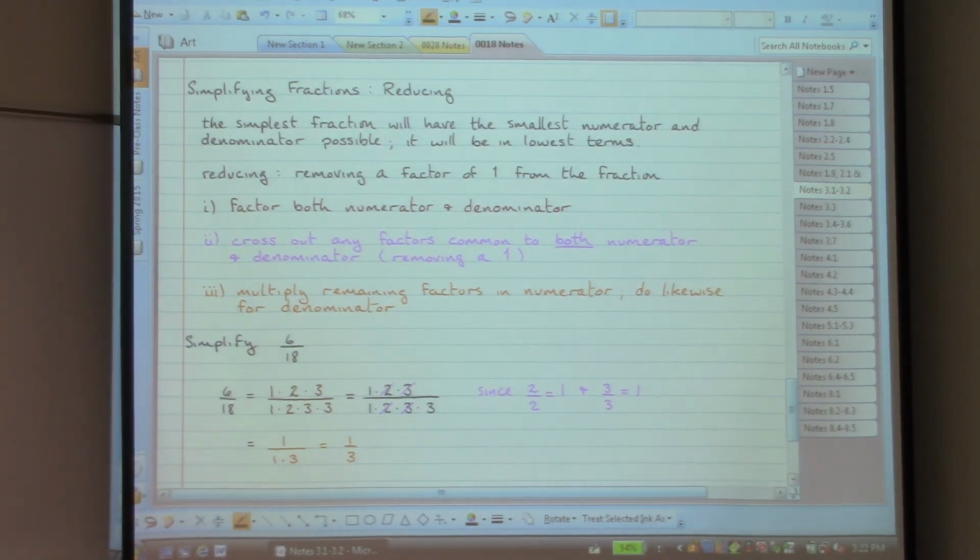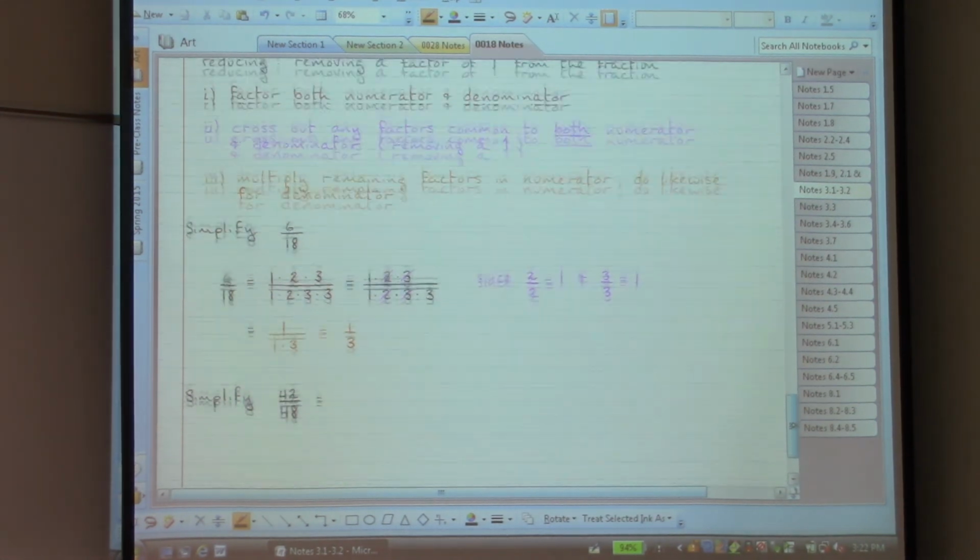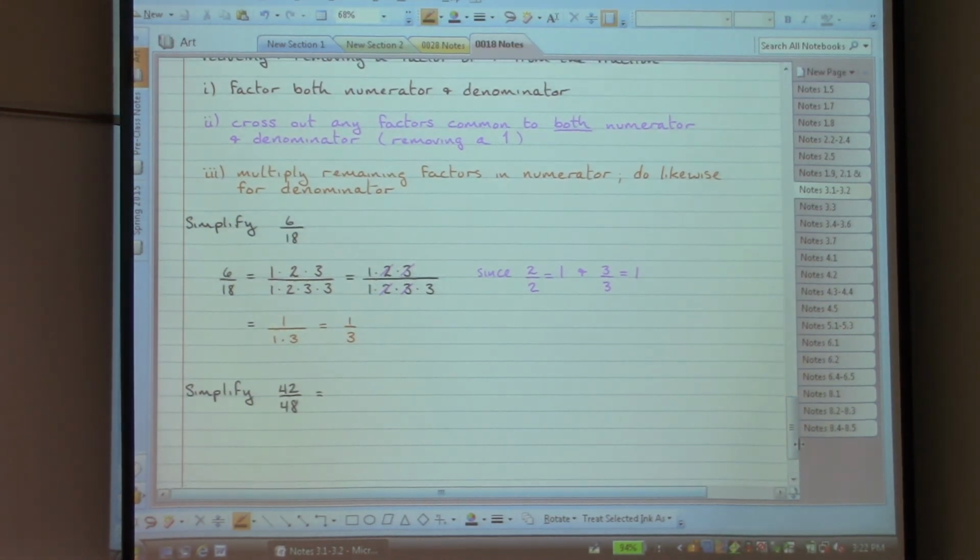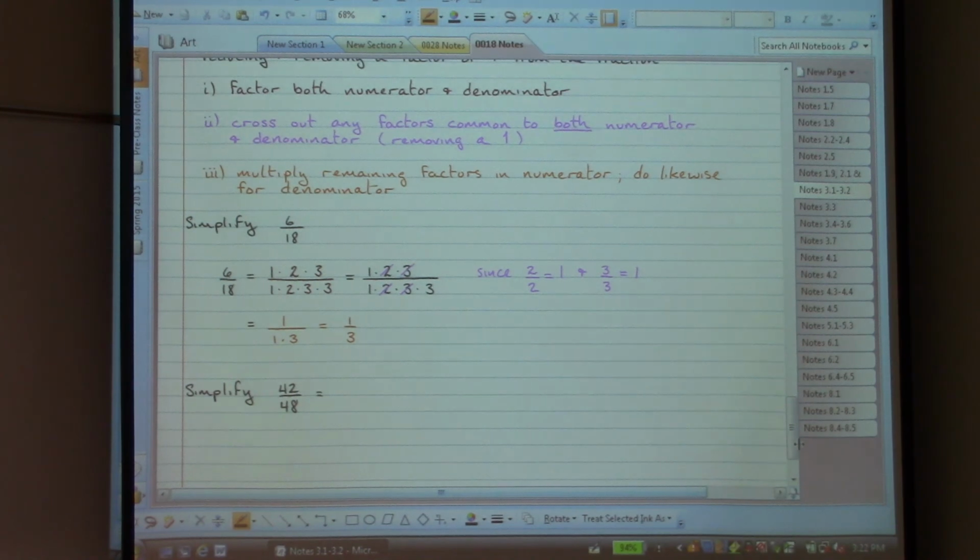So, as a last example for the video, let us simplify the number 42 over 48. To try to do this as quickly as possible, we want to think about what we know of multiplication and say, what is the biggest number that will go into both 42 and 48? And that number is 6. 6 goes into 42 7 times. 6 goes into 48 8 times.